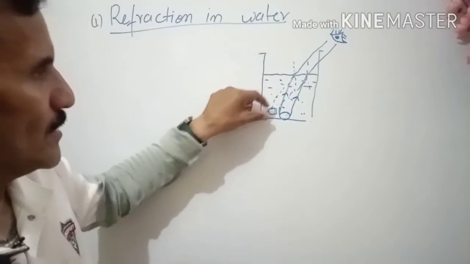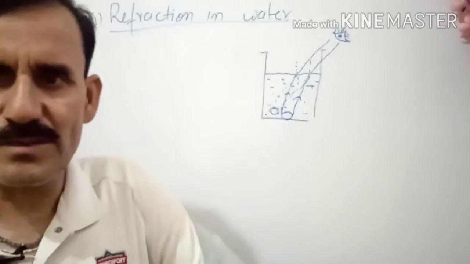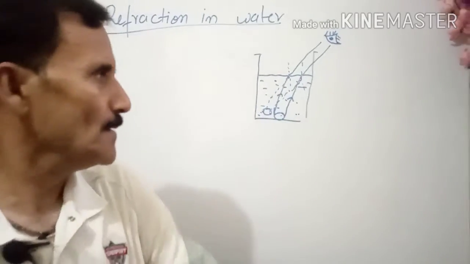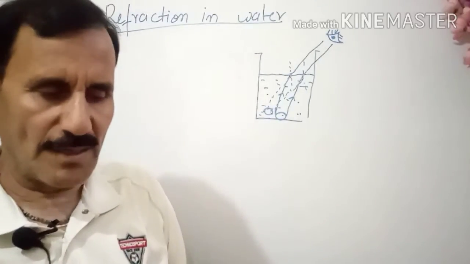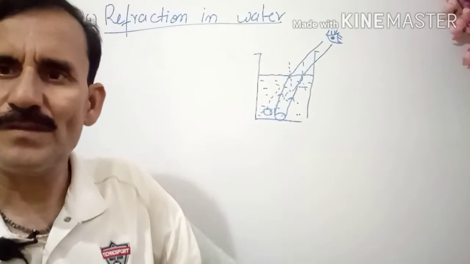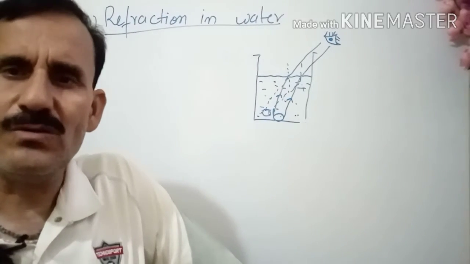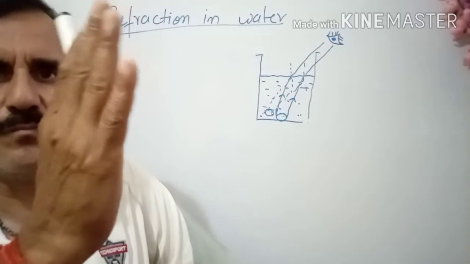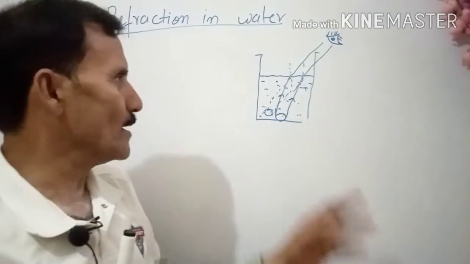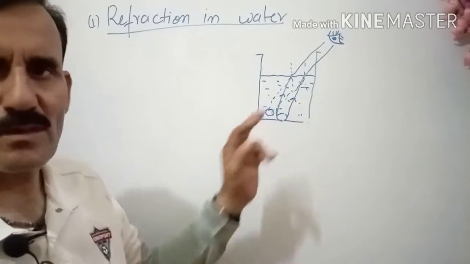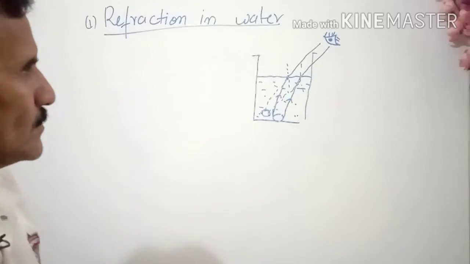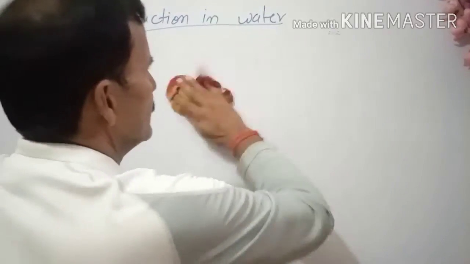That is the same as seeing the bottom of rivers. Actually what happens is the rays are moving from water to air, denser to rarer. So they will move away from the normal, and so it appears up. Okay. So refraction through water is easy.